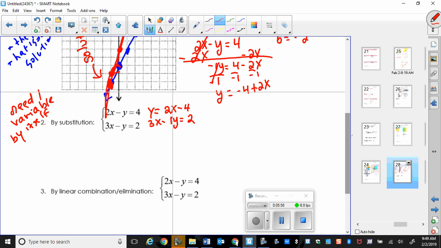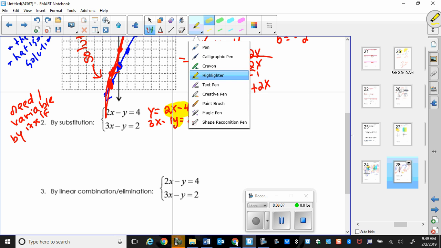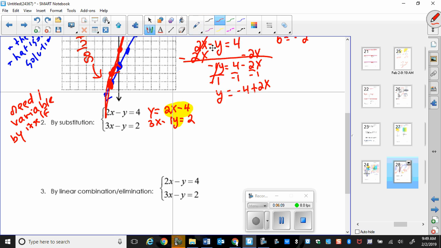And if you notice, I put a 1 in front. Now, what are we going to do when we substitute? We're going to substitute this into the y term of the second equation. So I have 3x minus 1 parentheses 2x minus 4 equals 4.